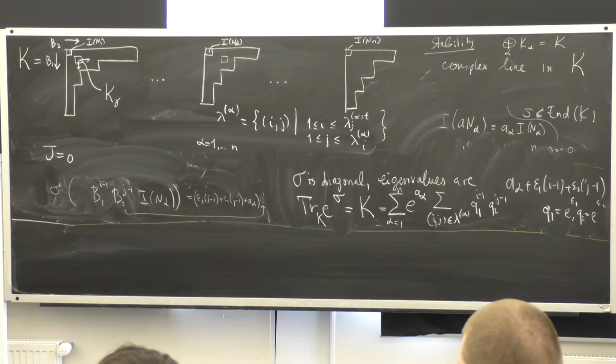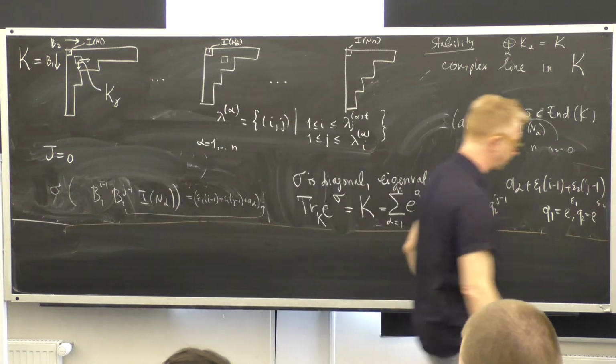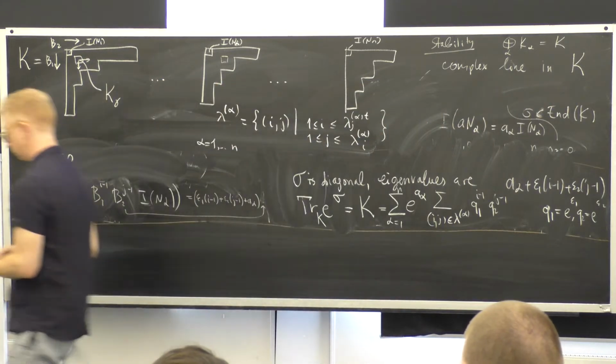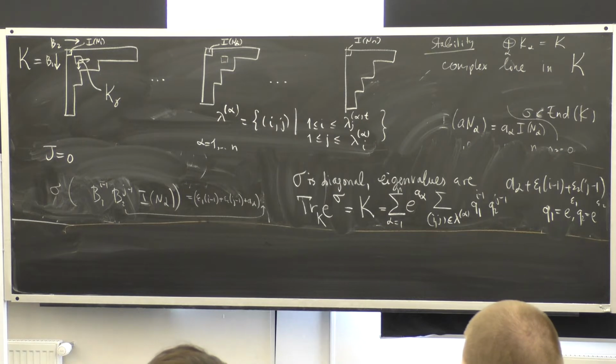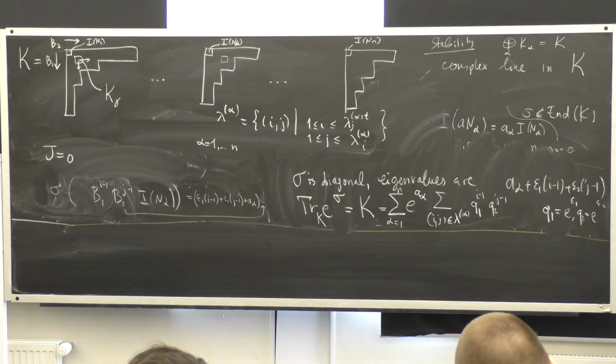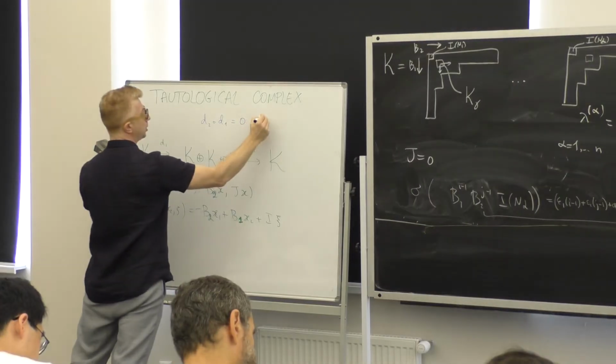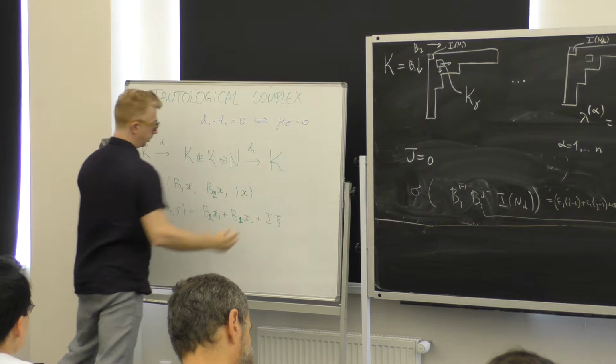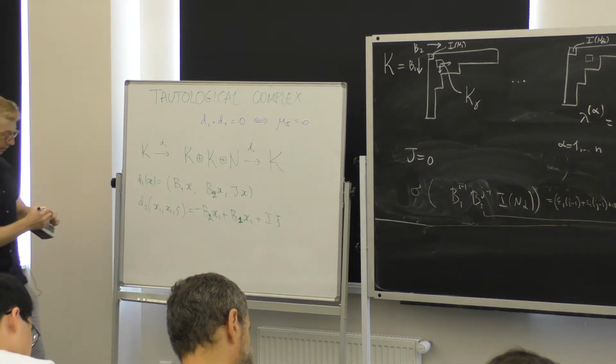Now the equation mu c equals 0 is equivalent to the statement that this is a complex. So D2 composition with D1 is equal to 0. This is equivalent to mu c equals 0, right? It's a simple exercise.